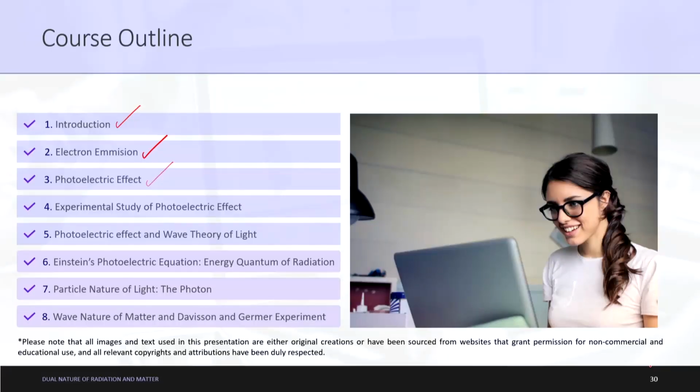Basically, this phenomenon in which the electrons are ejected out from the metal surface when it is irradiated by ultraviolet light, or visible light, depending upon the metal surface, is called the photoelectric effect. After this, we understood the experimental study of the photoelectric effect, in which we saw what happens when we change the intensity and what happens when we change the frequency.